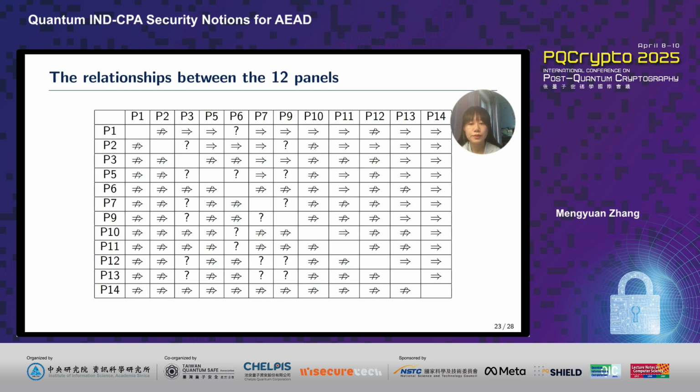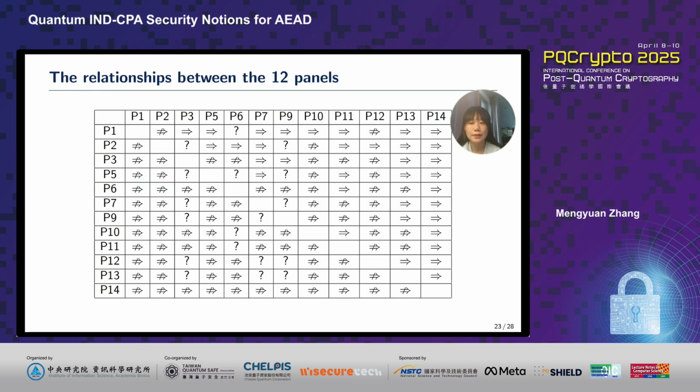Our paper proves the implications and separations between different security notions. Some of these implications allow us to group equivalent notions together, resulting in 12 panels. However, the table labels the panels as P1 to P14, skipping P4 and P8 to align the results with Carstens et al.